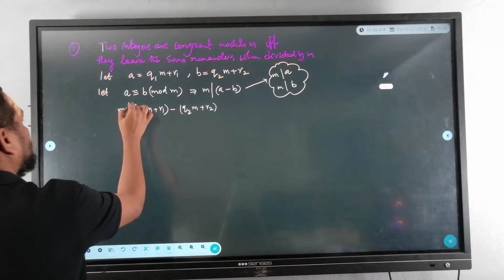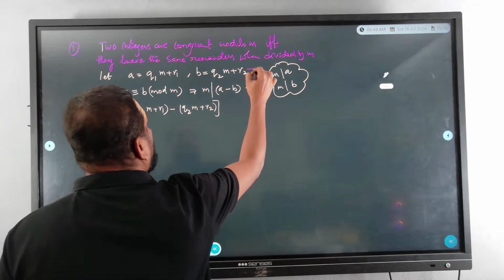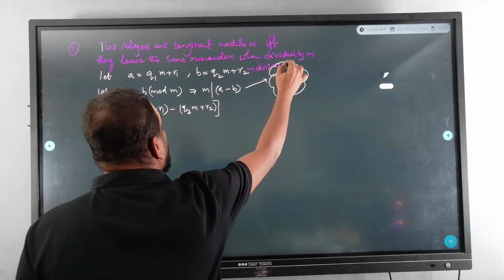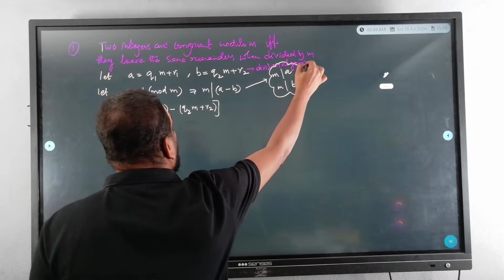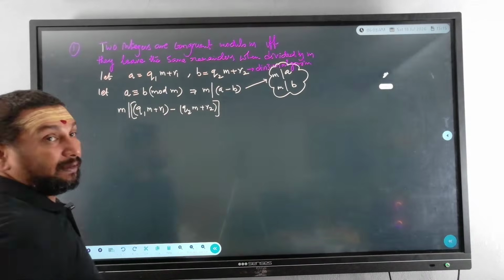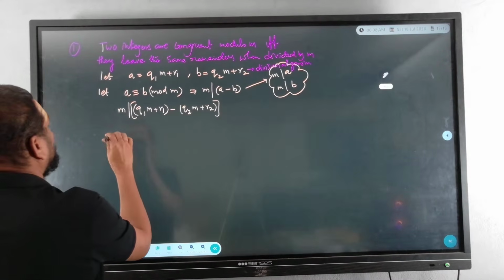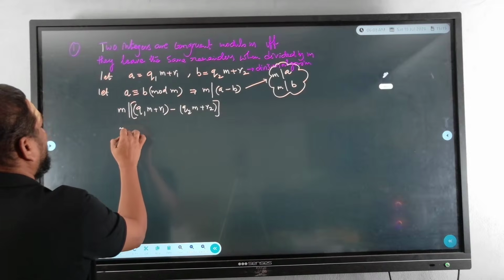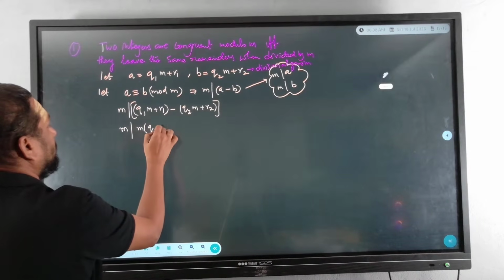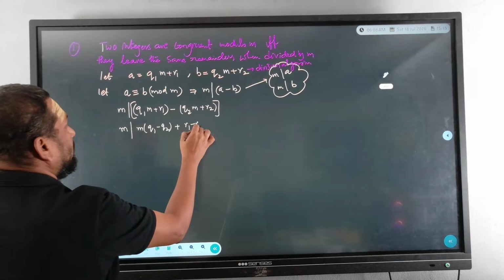This is the division algorithm: dividend equals divisor into quotient plus remainder. So now come to the point: m divides m into Q1 minus Q2 plus R1 minus R2.